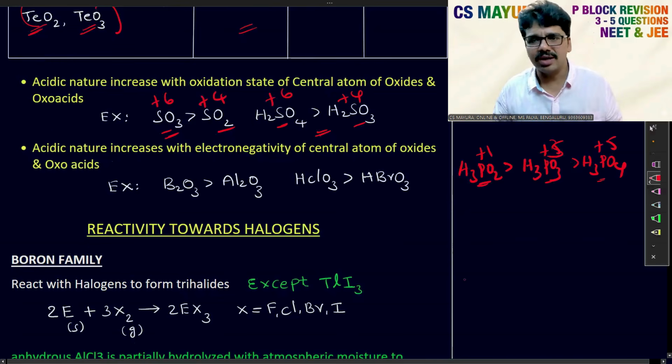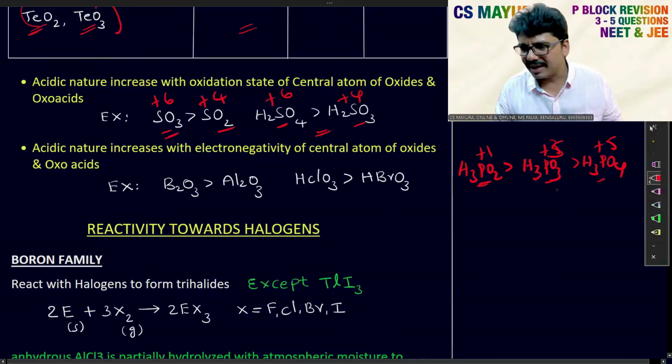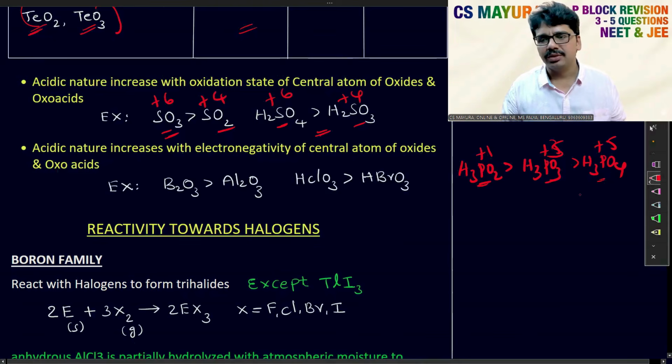So the general concept is what? In oxides and oxoacids, acidic character increases with oxidation state. But in case of phosphorus oxoacids, it is not following that rule. So here H3PO2 is more acidic than H3PO3 and H3PO3 is more acidic than H3PO4. It is an exception. It depends on the number of hydrogen atoms. So this reason and this concept takes more time.